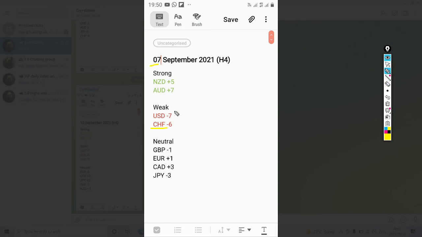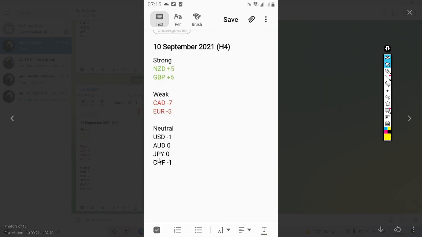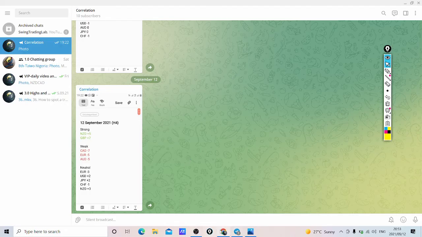On the 7th of September, I was looking for sales, and on the 8th of September, it was also selling, and even on the 9th, it was also selling, and then on Friday, that's when all things changed, and the Swiss was neutral. So we are no longer looking for a sell on Swiss. We're just going to be chilling.